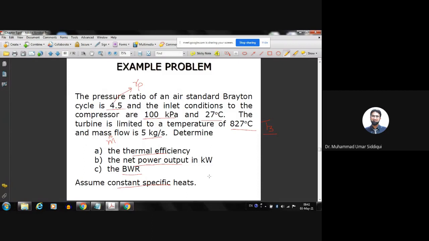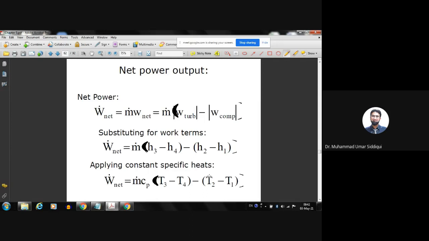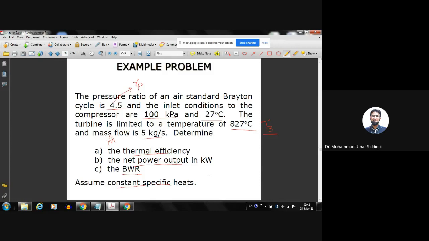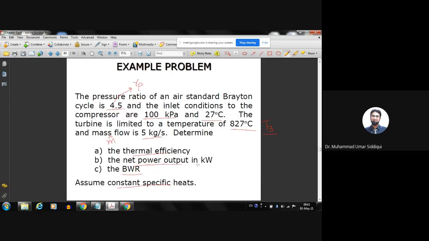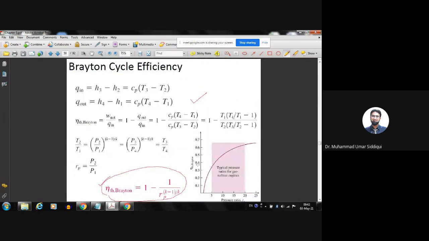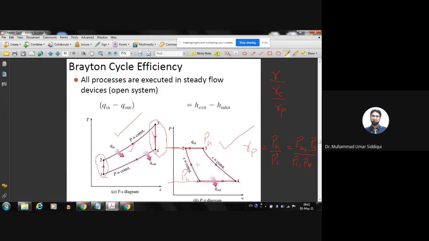And the next thing is that we need to determine the net power output. The net power output depends upon the work input of the compressor and the work output of the turbine. 1 to 2 is our compressor, and 3 to 4 is the turbine.